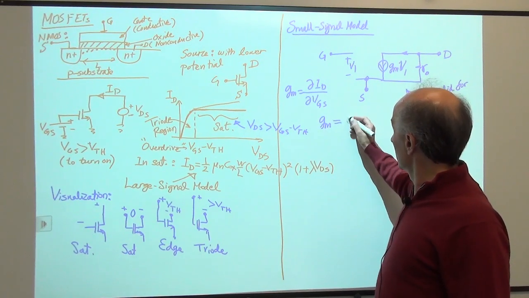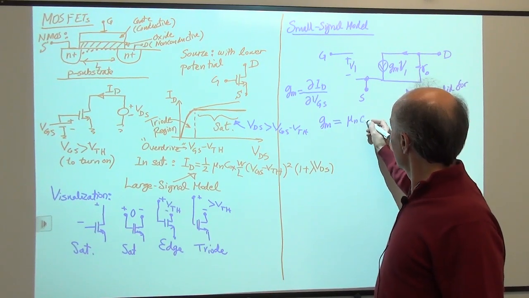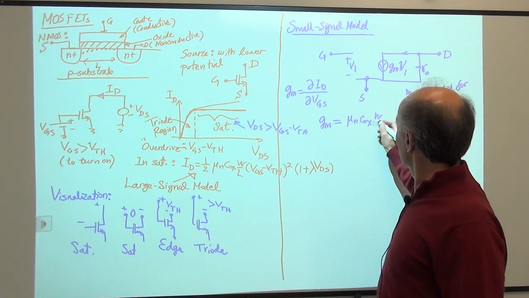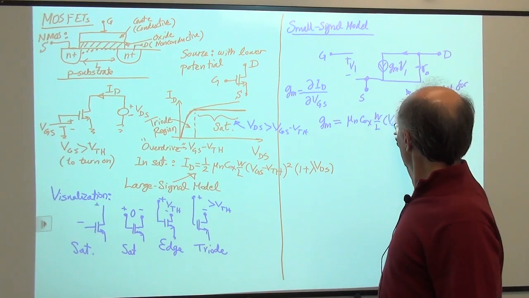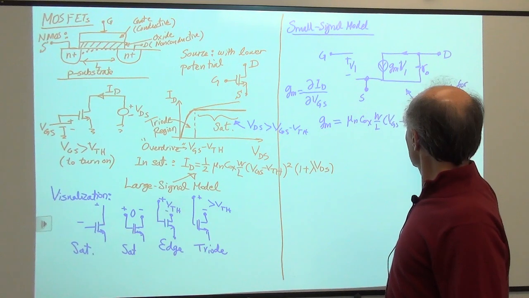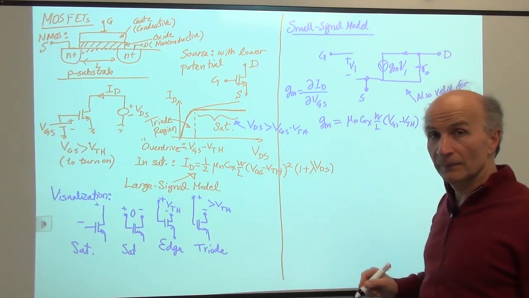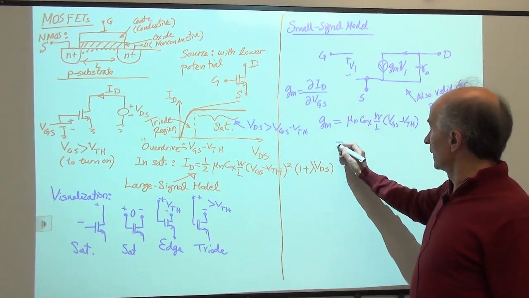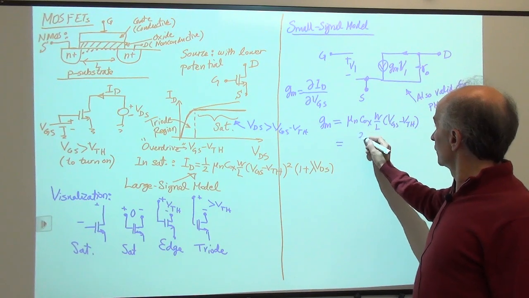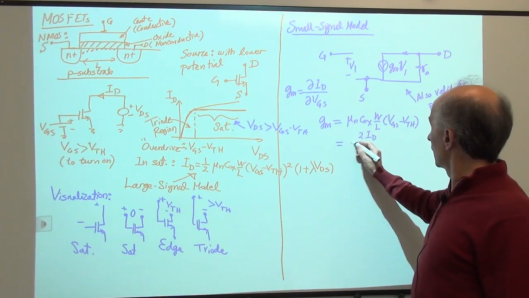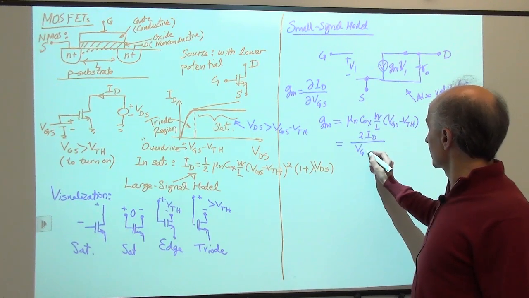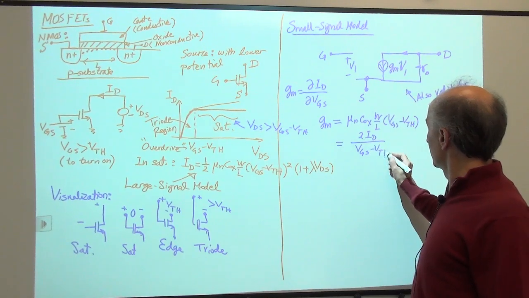So one is mu n Cox W over L times (VGS minus VTH). The other is 2ID over (VGS minus VTH).